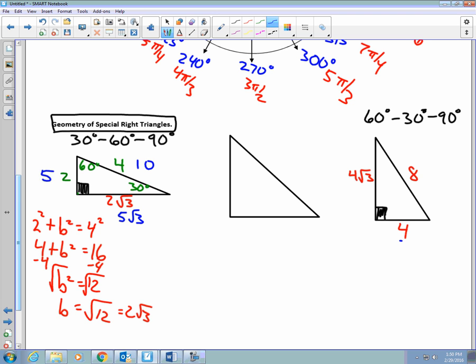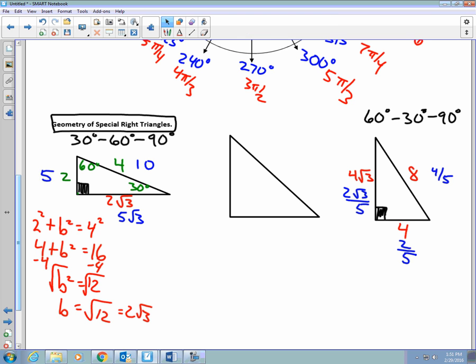Suppose the short side was 2/5. What would the hypotenuse be? 4/5. What would the long leg be? 2 roots of 3 over 5. Does it come back just a little bit?